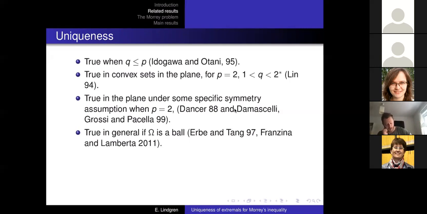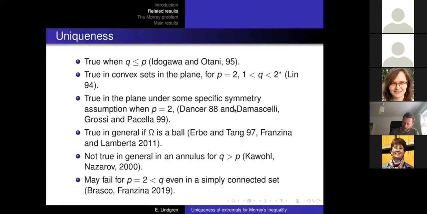And it's also true in general if omega is a ball, you can actually work with radial functions. But something happens when q goes above p. And in fact, this uniqueness property is destroyed. So one of the organizers studied this problem in a paper from 2000, where he constructs a counterexample to this uniqueness in an annulus.